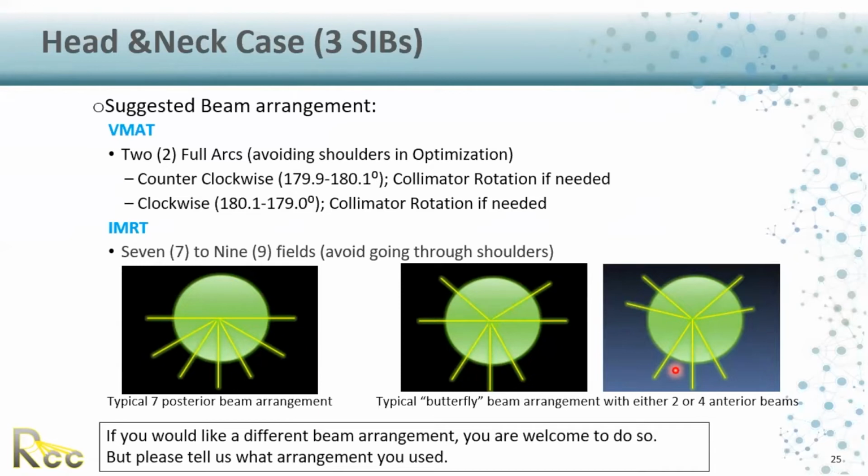For IMRT, 7 to 9 fields, avoiding going through the shoulders. They provide you with a typical 7 posterior beam arrangement, or the typical butterfly with either 2 or 4 anterior beams. And the room is open. If you would like to use a different beam arrangement, you are welcome to do so, but please inform us what you are using.